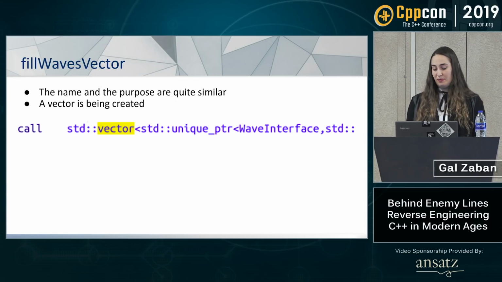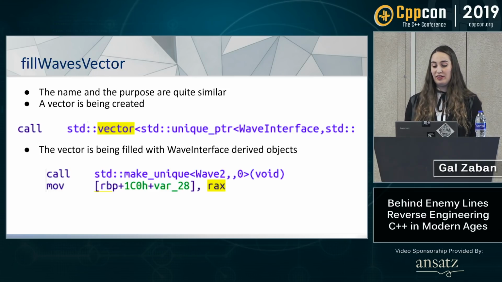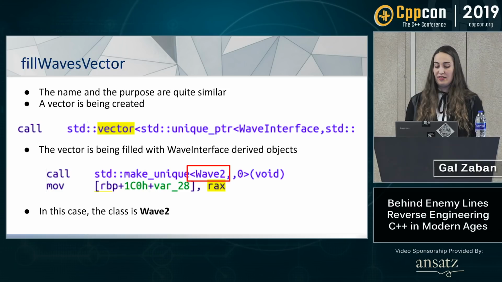The name and the purpose are quite similar. What it does is begin with creating a vector, and then it fills it with wave interface derived classes. In this case, the class is a wave2. You can see that the wave interface was part of the vector in the first line, and wave2 is the class that is being used. So we can assume that this is one of the derived classes of a wave interface.